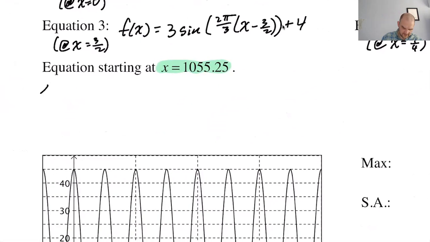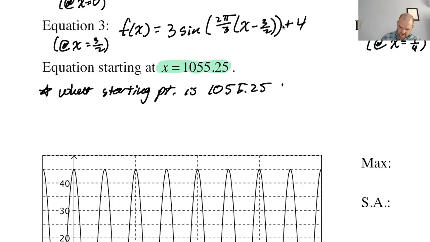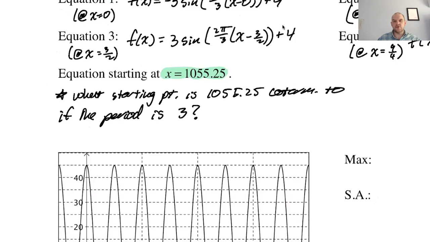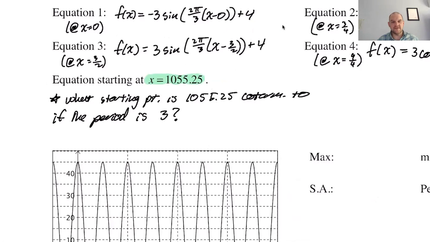So we're really trying to answer, what starting point is 1055.25 coterminal to if the period is 3? There we go. So what is that coterminal to if the period is 3? If we could figure that out, then whatever we had for that.